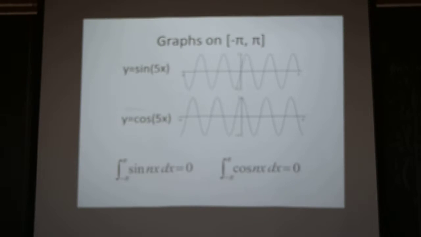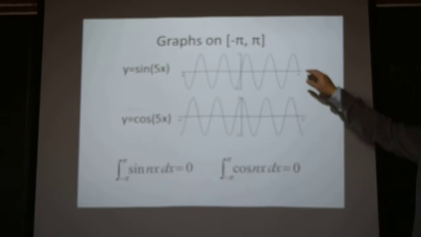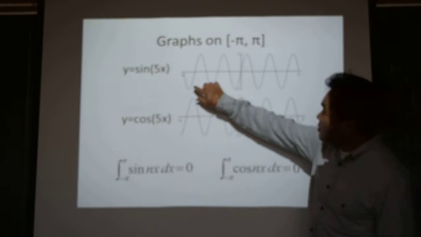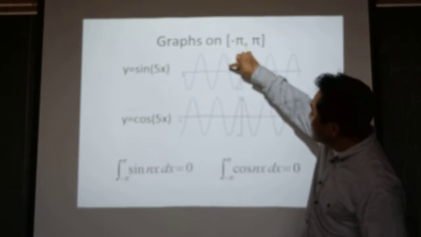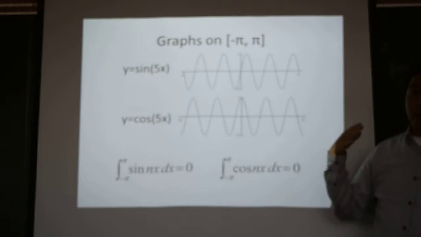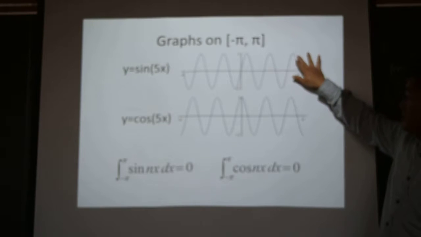Now, if you draw the graphs of sine and cosine for any angular frequency, here's an example given by 5, you can see that it has the same amount of ups and downs. So here's something that's negative, that's positive, and we know that the integral has the meaning of net area, where you consider the negative ones as negative area, these as positive area.